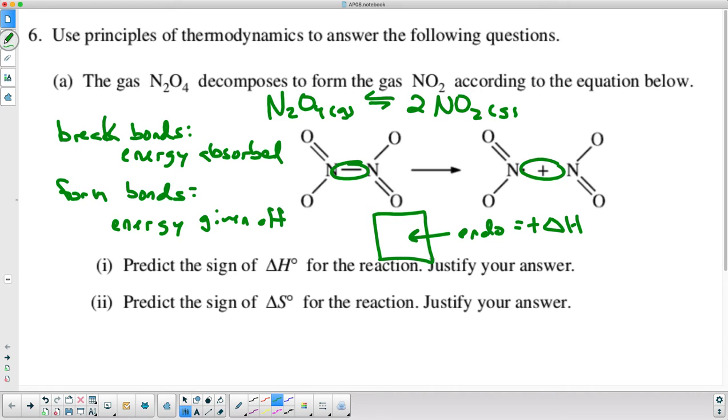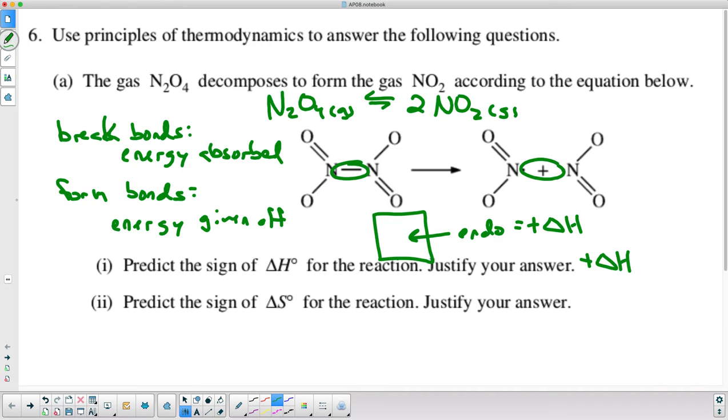Forming bonds gives off energy or the bond wouldn't form. The whole thing is at a lower state of energy after a bond forms than before. If it wouldn't be in a lower state of energy, then of course the bond wouldn't form, and we have that happening all over the place. So predict the sign of delta H. That would be a positive delta H, for the reasons I just gave.